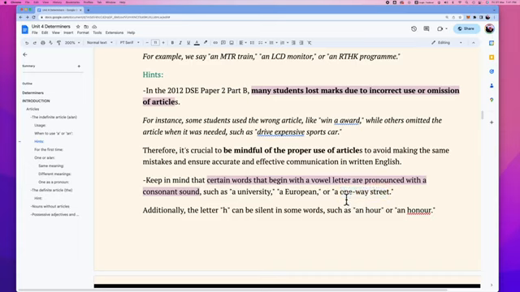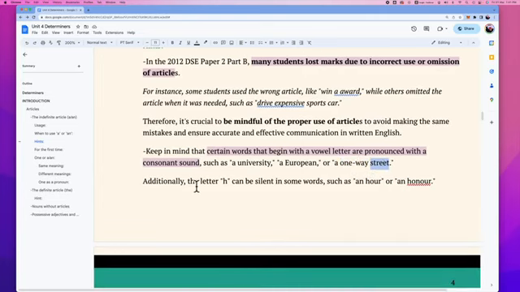The word one starts with a "w" sound, so even though O is a vowel letter, we still use A. And take a look at this. It's an adjective that's modifying street. Actually, whether we use the article A or AN depends on the closest word right before the noun.